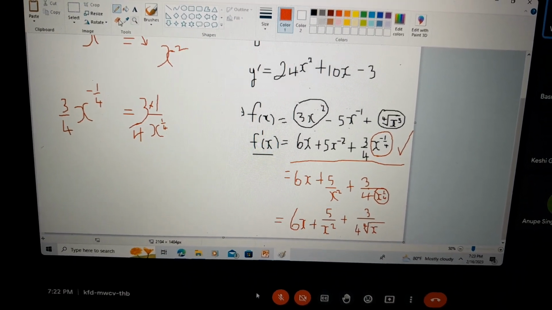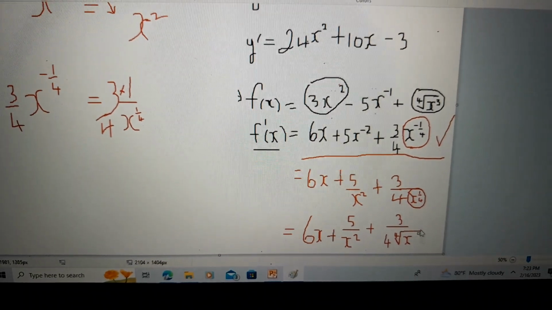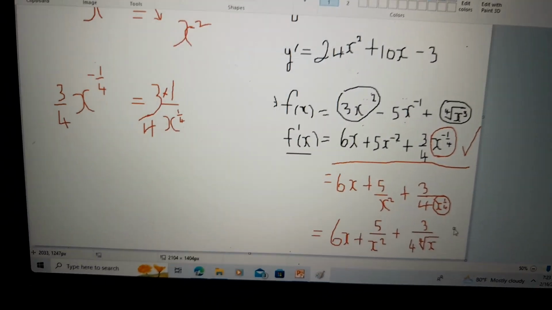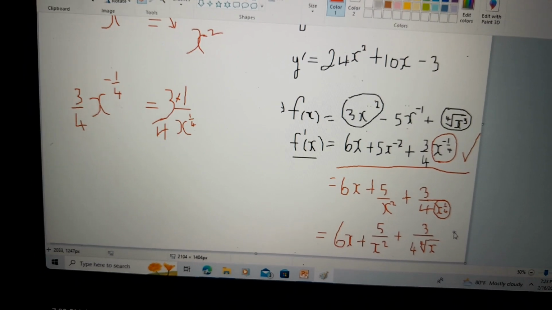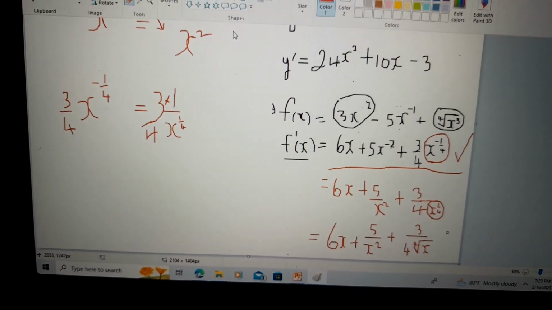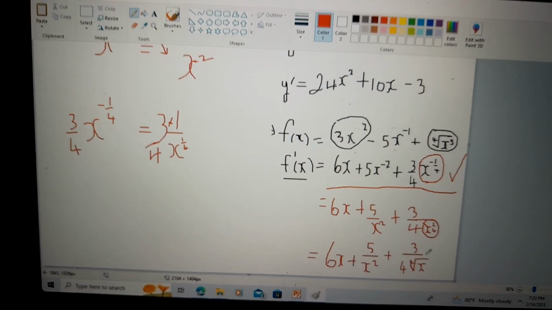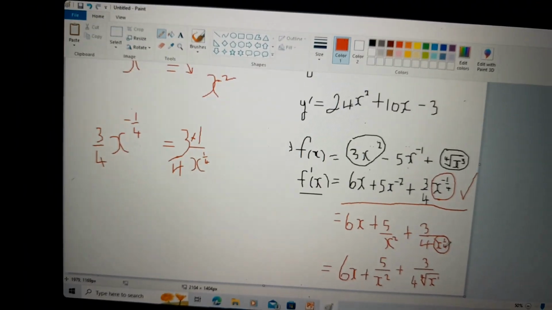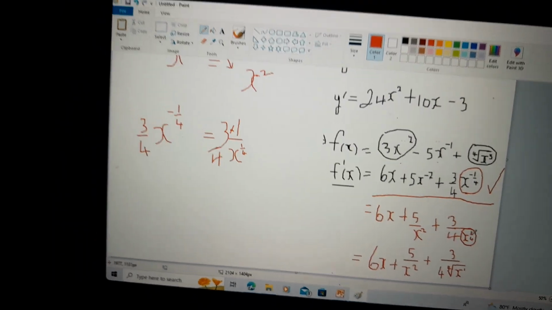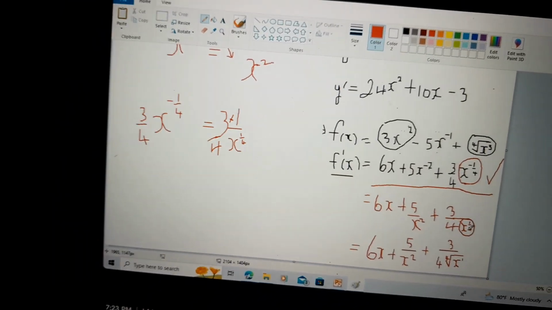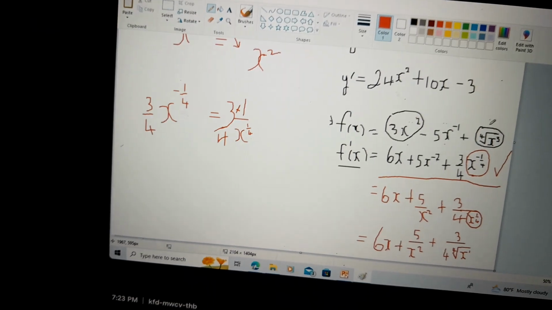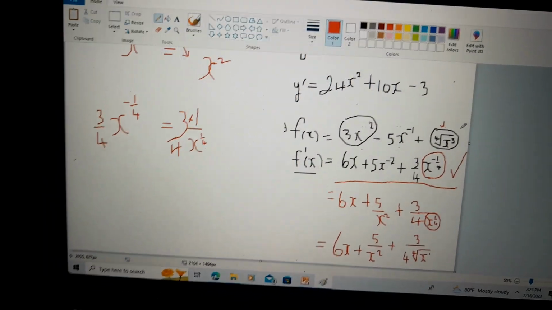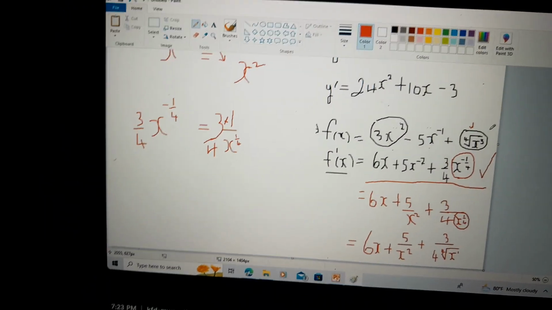So this is the last phase, how we can write that. Let me know if you want any explanation about this. Remember we were talking about the fractional index? This is where we started, as a fractional index. So can everyone see what's happening there? Yes, sir.